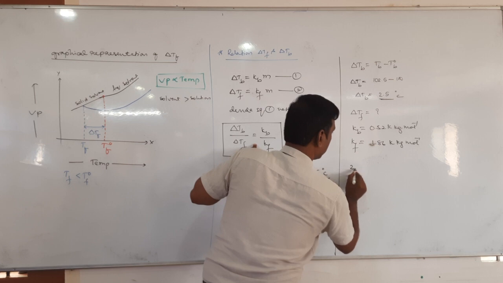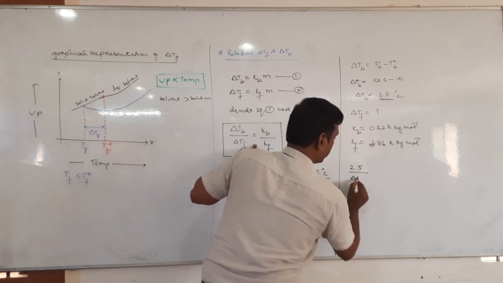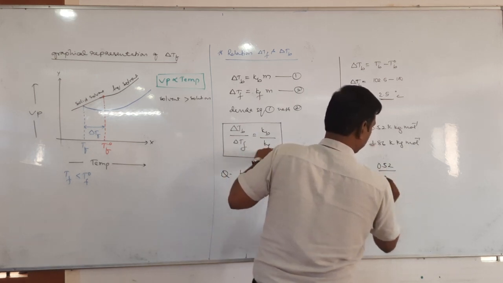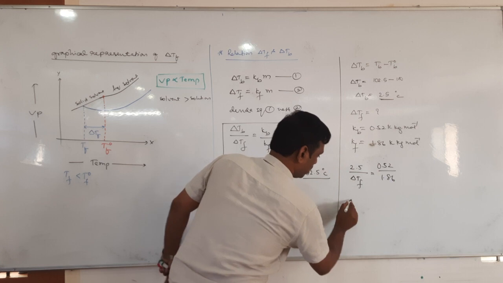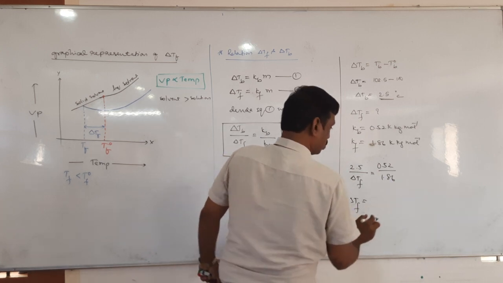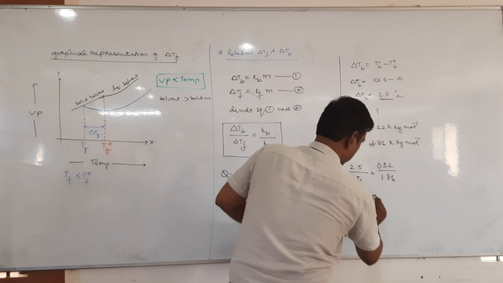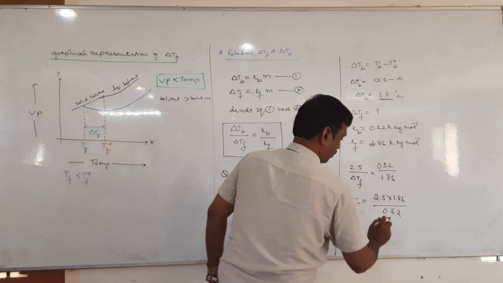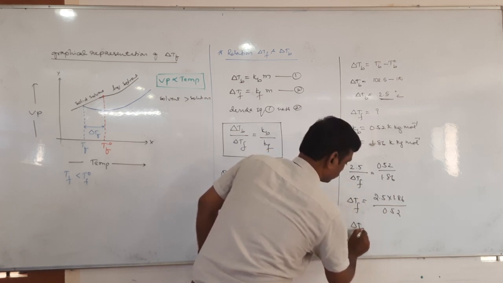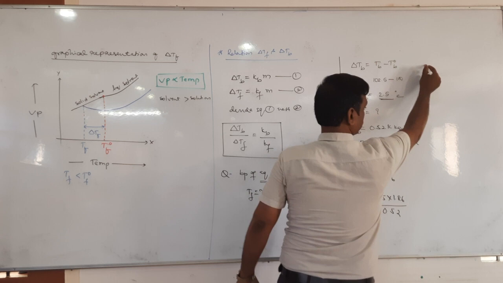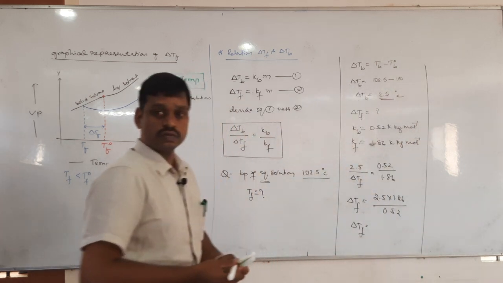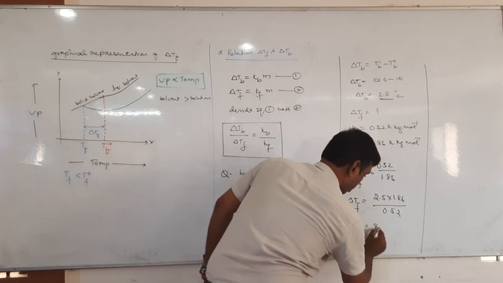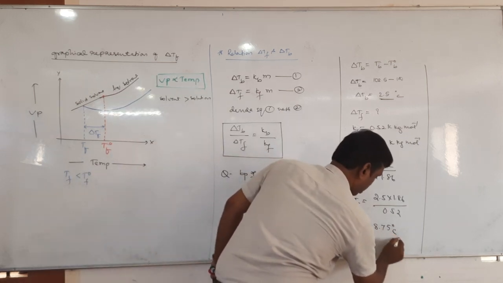Delta TB 2.5 divided by delta TF equals KB 0.52 over KF 1.86. Then delta TF equals 2.5 into 1.86 divided by 0.52. What is the answer? 8.75 degrees Celsius.